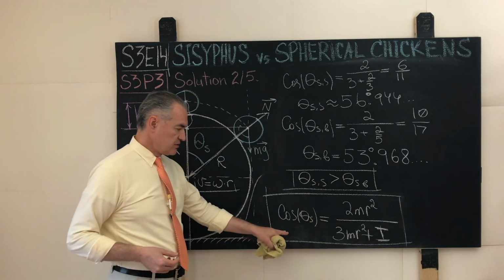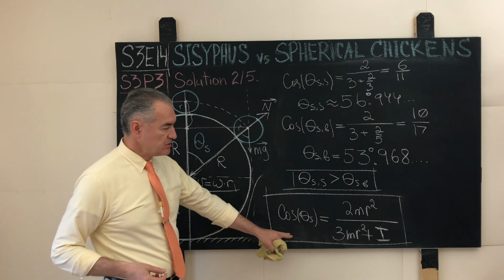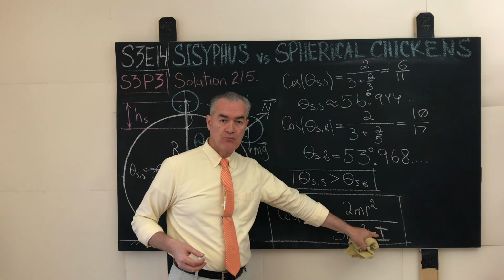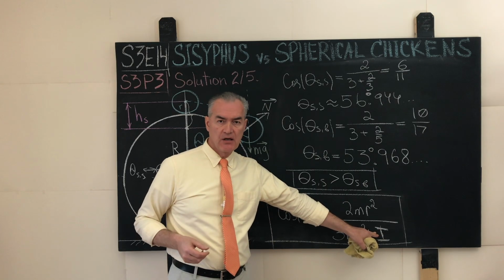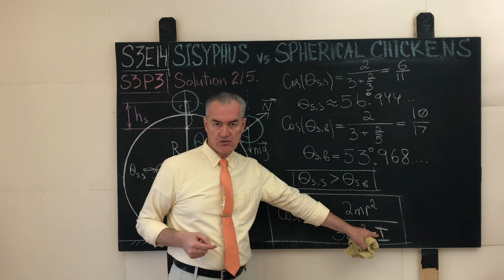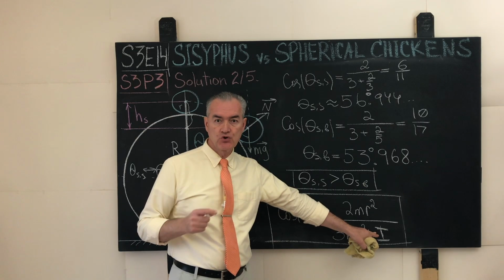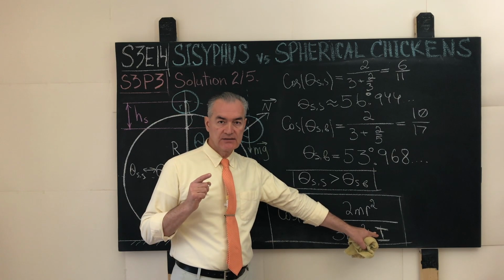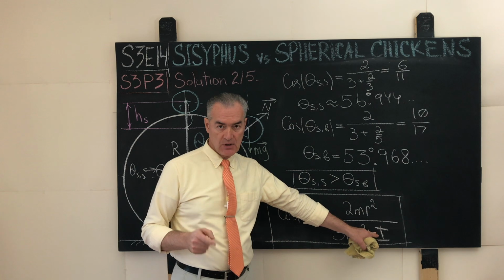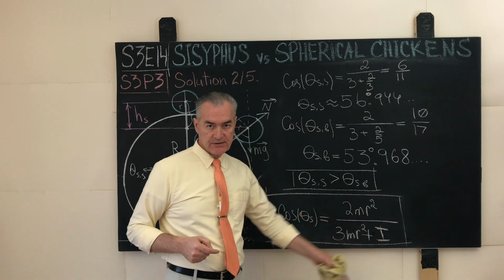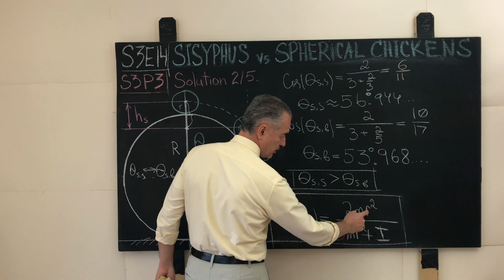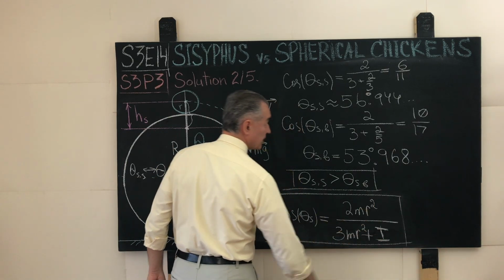Into our expression that we developed in the previous segment, we inject 2/3 mr squared for the moment of inertia of a sphere with respect to its natural axis of symmetry, and 2/5 of mr squared for the moment of inertia of a solid ball with respect to its natural axis of symmetry. Now mr squared will cancel out everywhere.